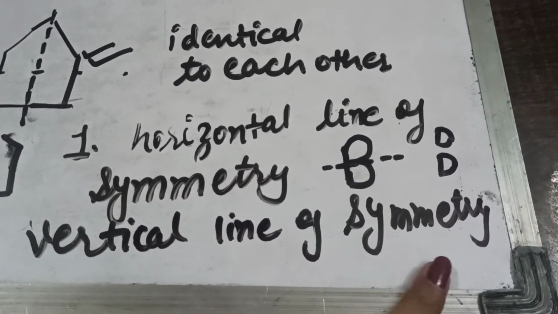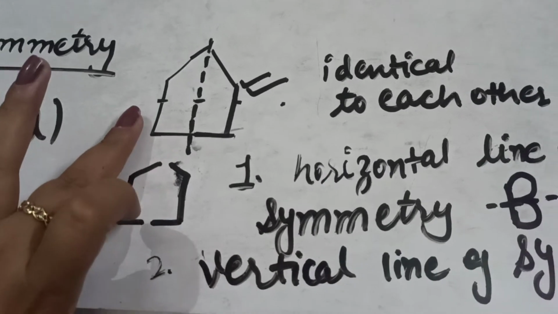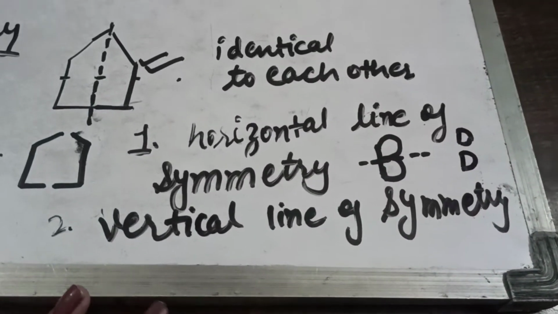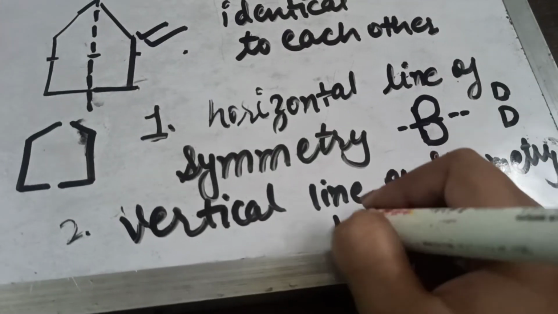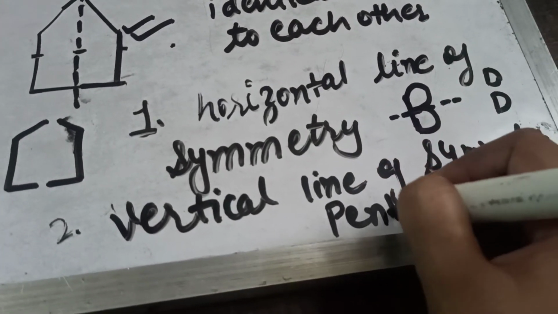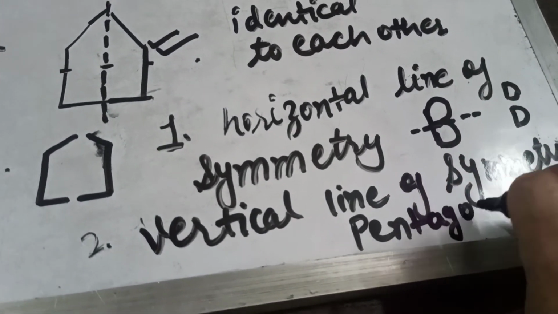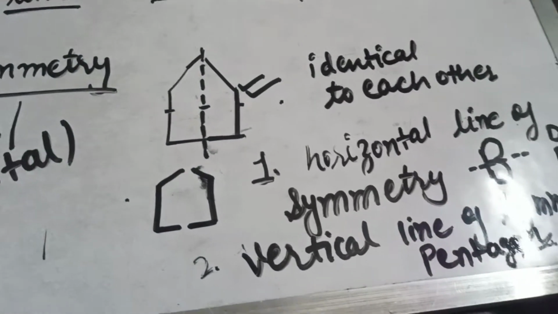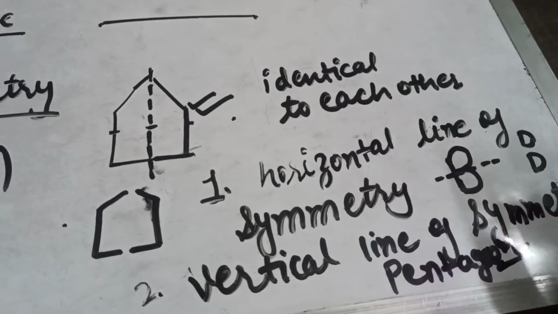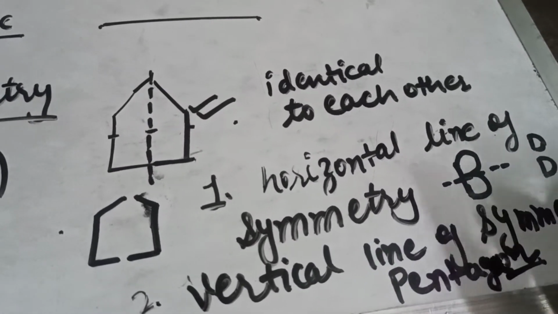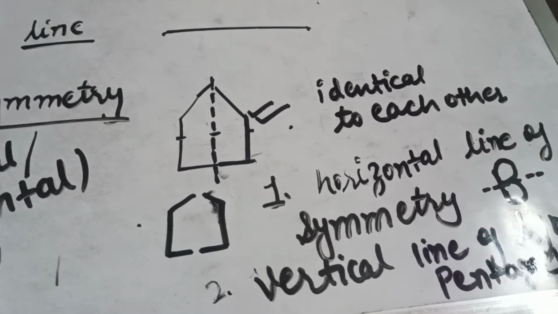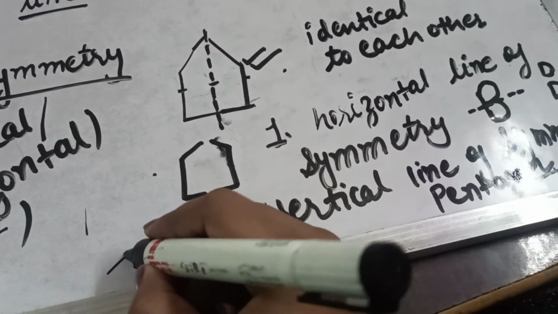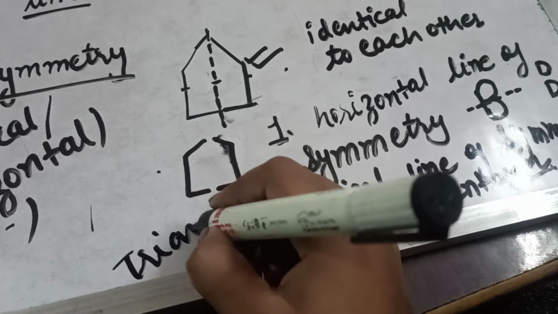Second, vertical line of symmetry. The example I gave at the start, with 1 2 3 4 5 sides, means pentagon. Which one? Pentagon, right? So for horizontal line of symmetry, the best example is B. For vertical line of symmetry, the best example is your pentagon, and you can say triangle also.